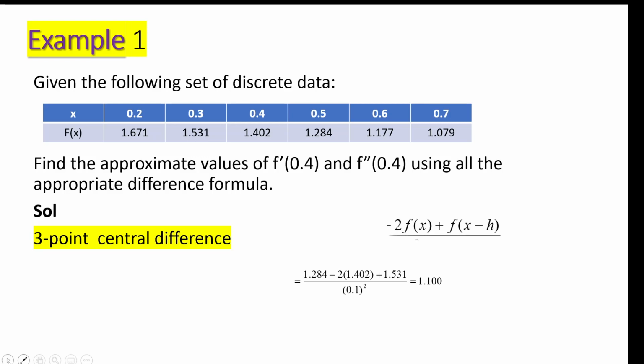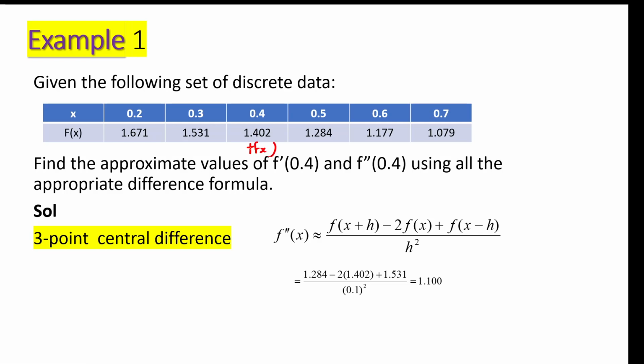The 3-point central difference is given by f(x+h) minus 2f(x) plus f(x-h), divided by h squared.